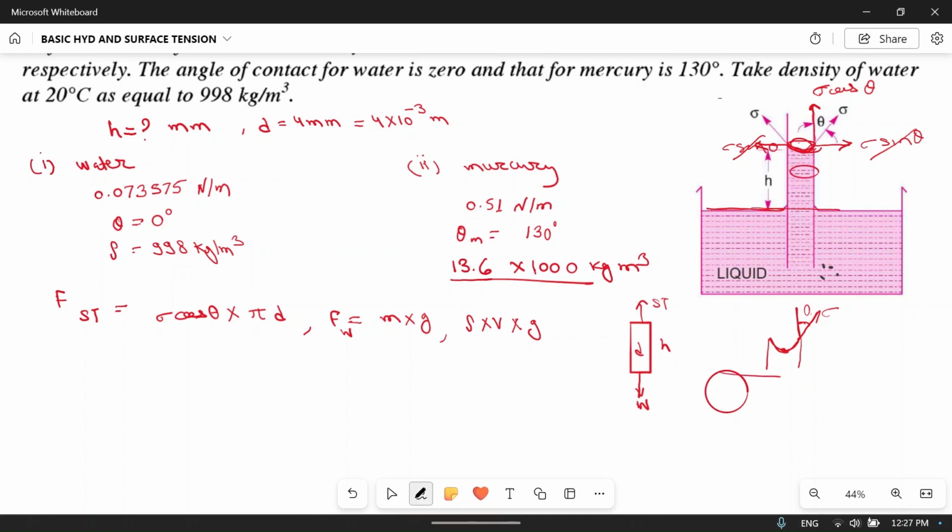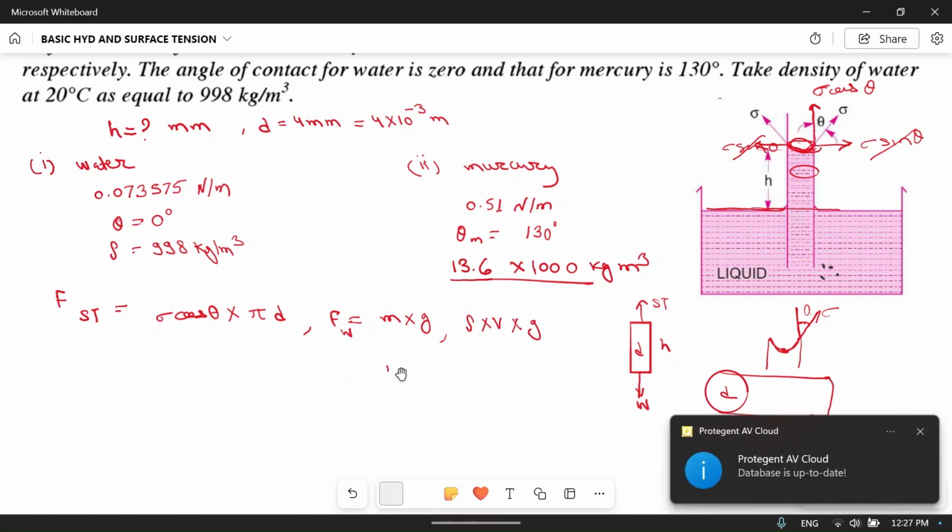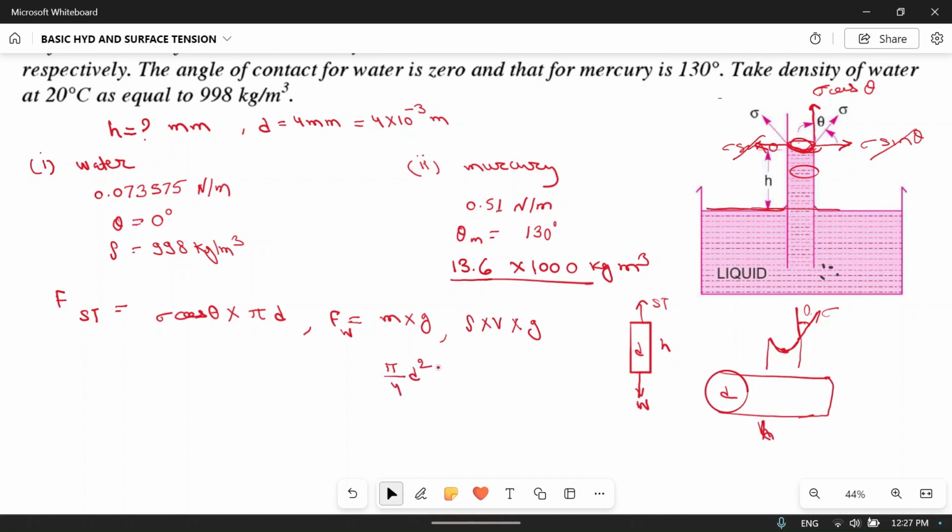If this is a cylinder of diameter d and length h, then its volume will be pi by 4 d square, that is area of cross section, into length. So this is v into rho into g. This is the weight of the liquid.